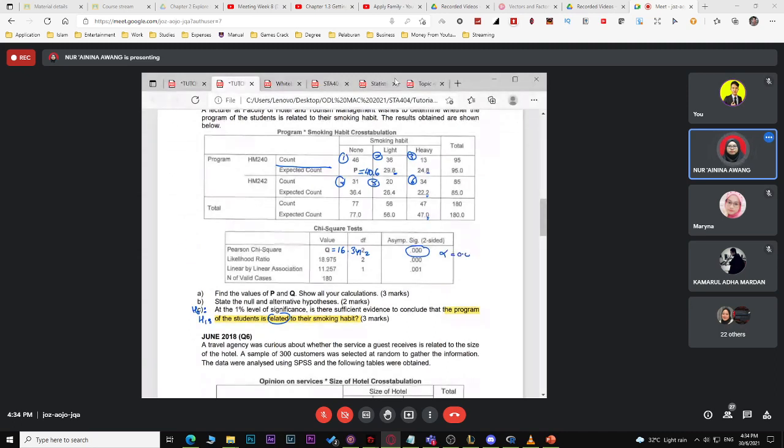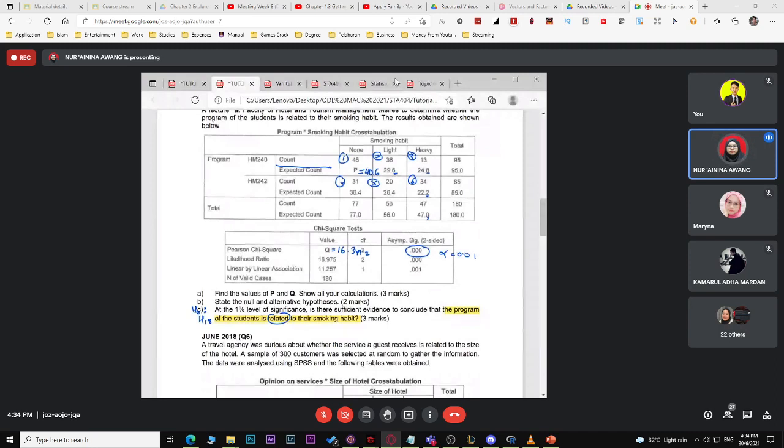Since the value is less than, we reject H null. So when we reject H null, we say the program of student is related to their smoking habit, or there is sufficient evidence to conclude that the program of the students is related to their smoking habit. Okay, so that is for December 18.